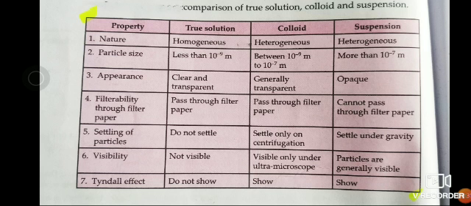Particle size: a true solution has a particle size of less than 10^-9 meter, whereas a suspension has a particle size of more than 10^-7 meter, whereas the particle size of colloids is in between a true solution and a suspension. It means they have a size between 10^-9 meter and 10^-7 meter.